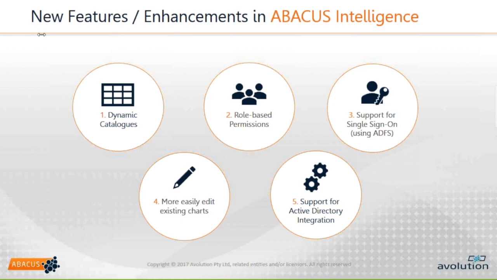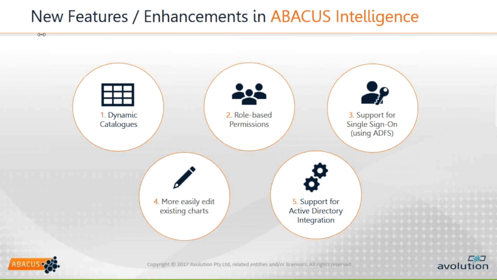Now, there's been a lot of change in Abacus Intelligence, and I'll just touch on 5 of the improvements that are happening there. The first one being dynamic catalogues. Secondly, we have role-based permissions, and that's based off the same model that we have in the Abacus client. There's also support for single sign-on using ADFS, very similar to the single sign-on for cloud I just talked about before.